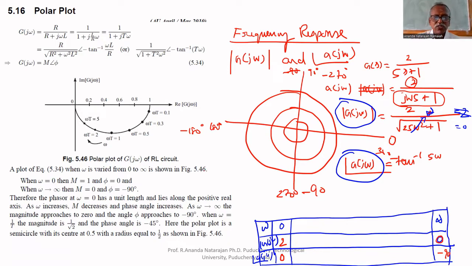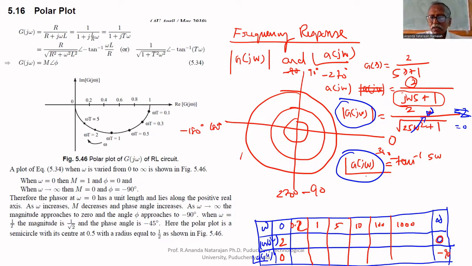So for various values, for omega equal to 1, 10, 100, like that. What is the time constant? 5. 1 by 5 means 0.2. So 0.2, 1, 5, 10, 100, 1000. Like that, you have to find various values.